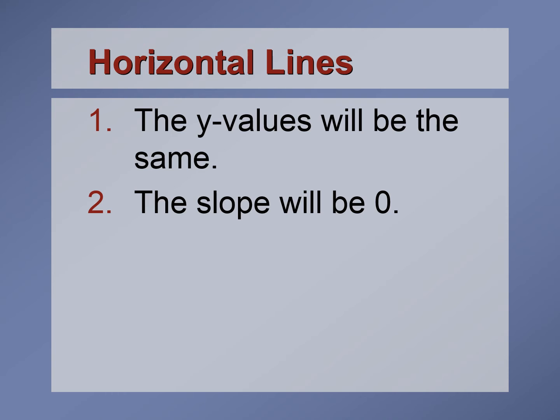Because remember, slope appears right in front of your x variable. So if your slope is 0, you have 0 times x, which is just 0. So your equation is going to look like y equals a number, right? And so it's going to be a horizontal line. And no matter what value you plug in for x, your y value is always going to be that y-intercept.